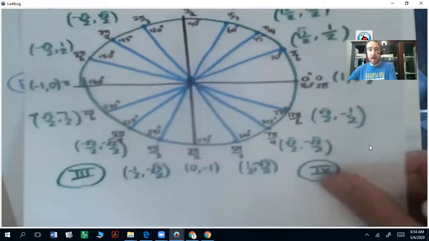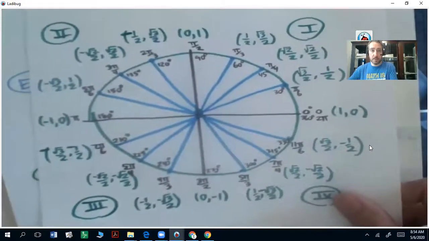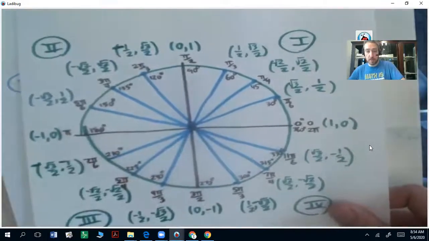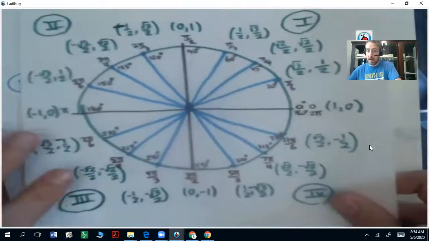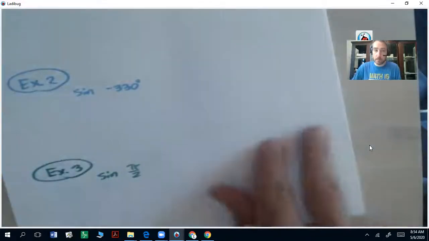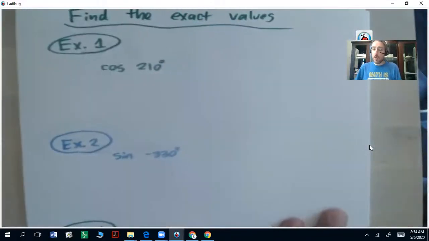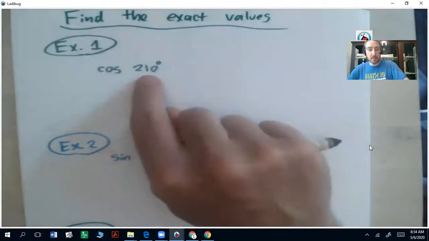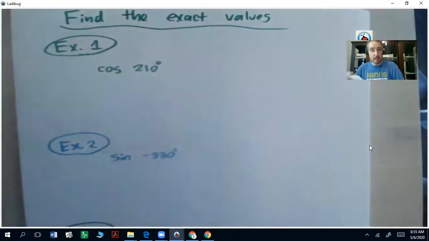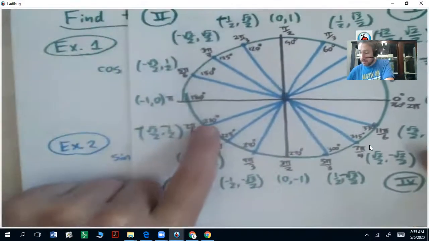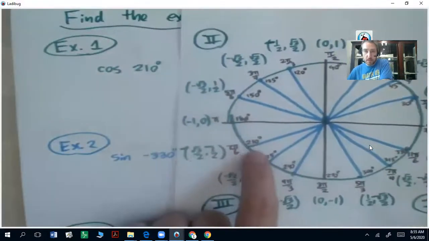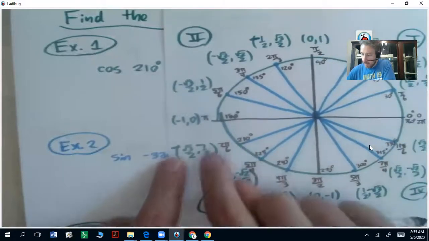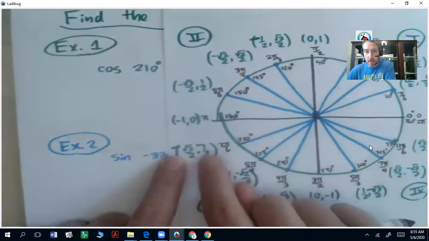Now remember, I had filled out my own unit circle on a previous video. So you can either use one that you made similar to mine, or you can use a printed out one or refer to one online. We want to find exact values. So if I want to know what the cosine of 210 is, then I can refer to my unit circle and go to 210 degrees, where I have a coordinate negative square root of 3 over 2, negative 1/2.